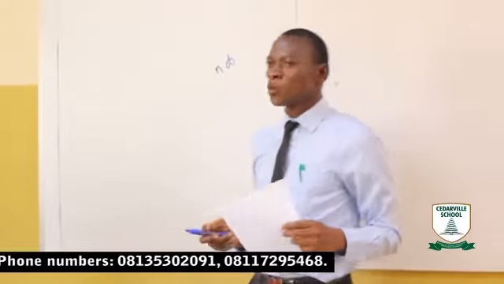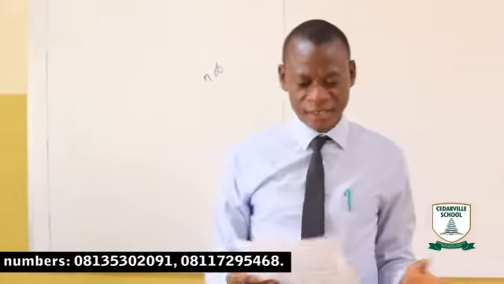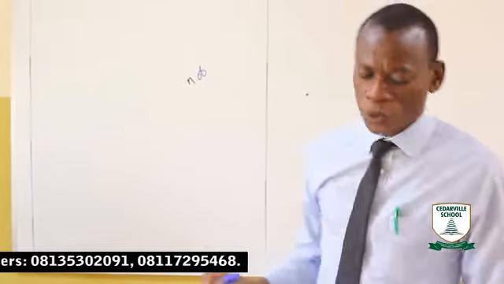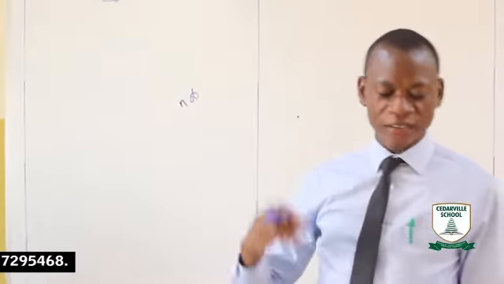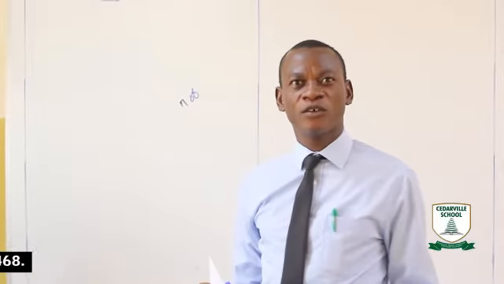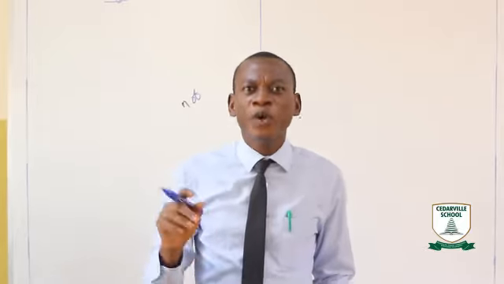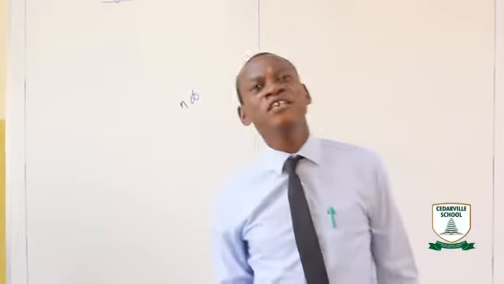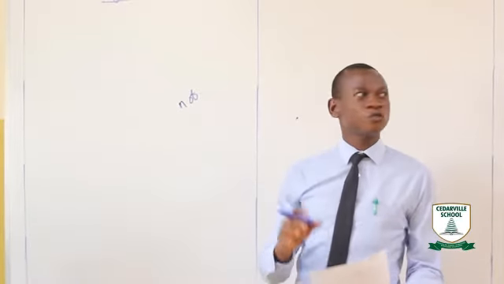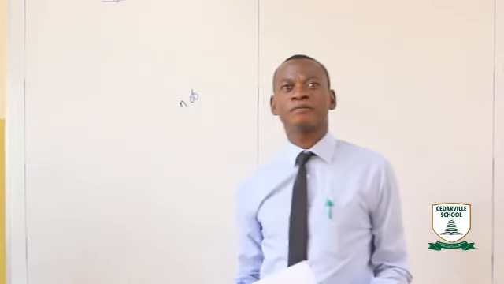So let's continue. What do we refer to as question tag? Tag question or question tag, as the case may be, is used to turn a statement to a question. We use this question to confirm the information that has just been given to us. So that is what we refer to as question tag.